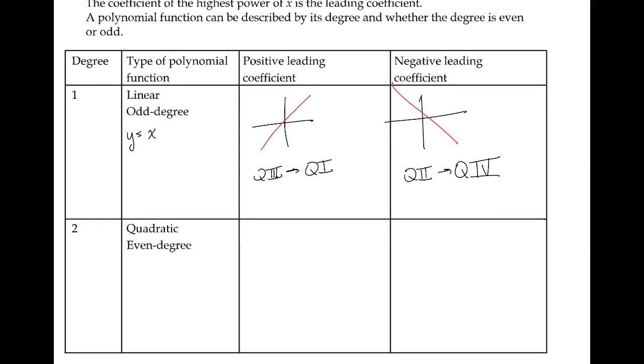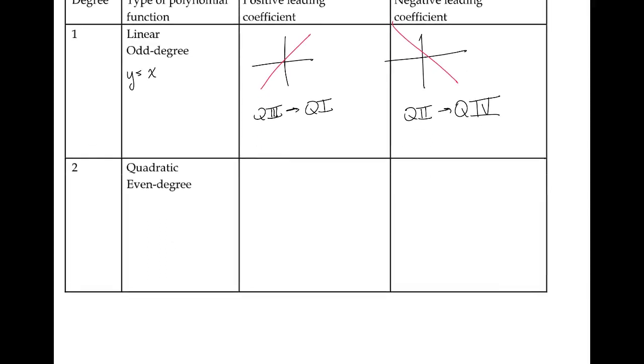When we talk about even exponents, it's an even degree, like a quadratic, our most basic version being x squared. When we go to graph these, they point in the same direction at both ends. So with a positive leading coefficient, that's just like plain old x squared, I would expect my ends to be in quadrant 2 and quadrant 1.